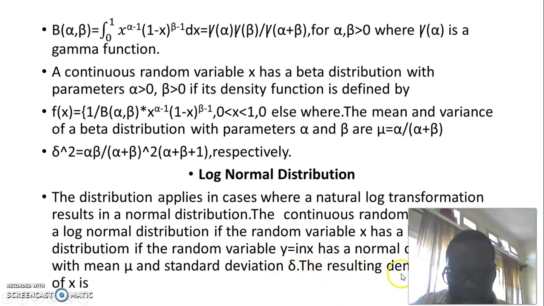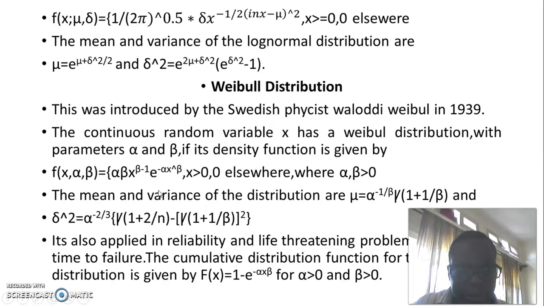So the resulting density function of x is given by 1 over x times sigma times 2 pi raised to the power 0.5, times e raised to the power negative a half into ln x minus mu over sigma, all raised to the power 2.